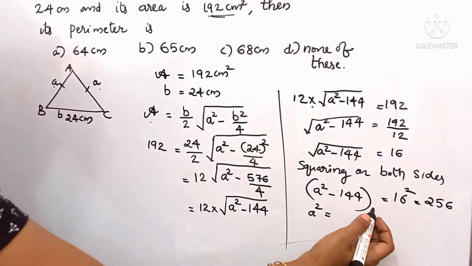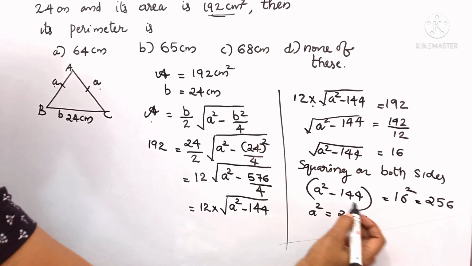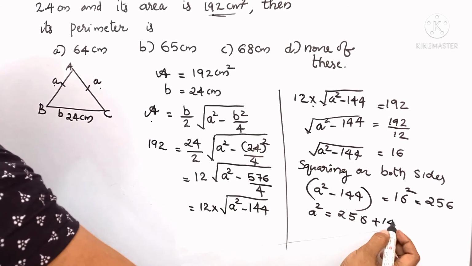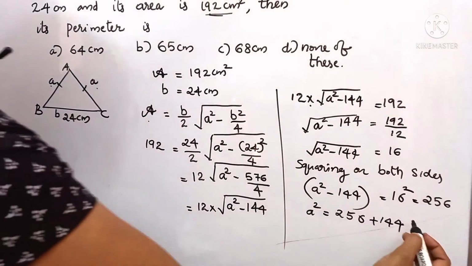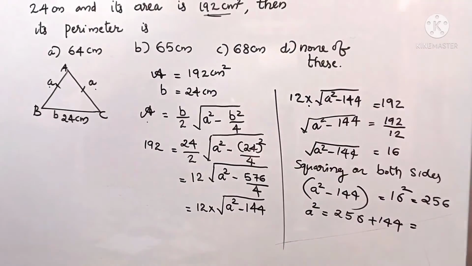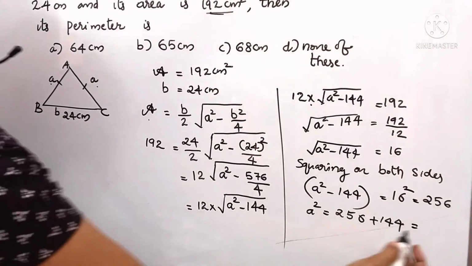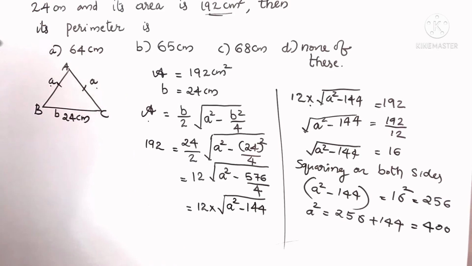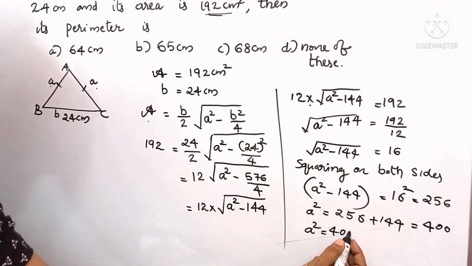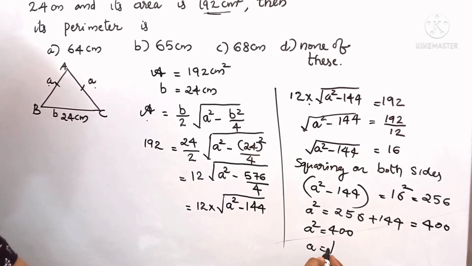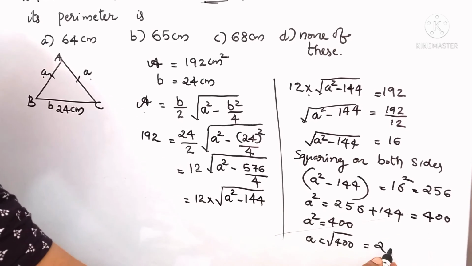So a square is equal to 256, and minus 144 becomes plus 144. 256 plus 144 is 400. That is a square is equal to 400. Then what is a? Square root of 400, that is equal to 20.